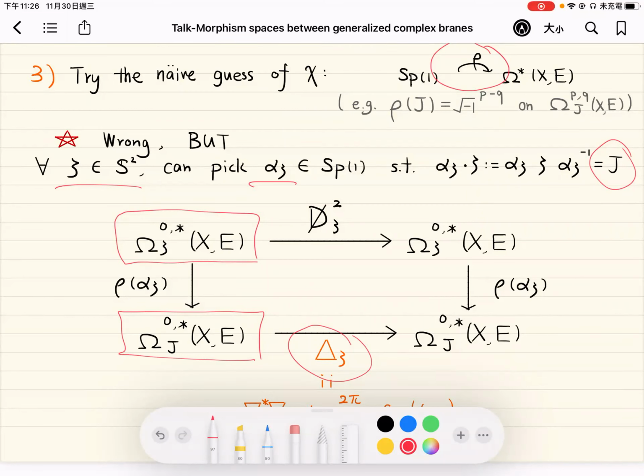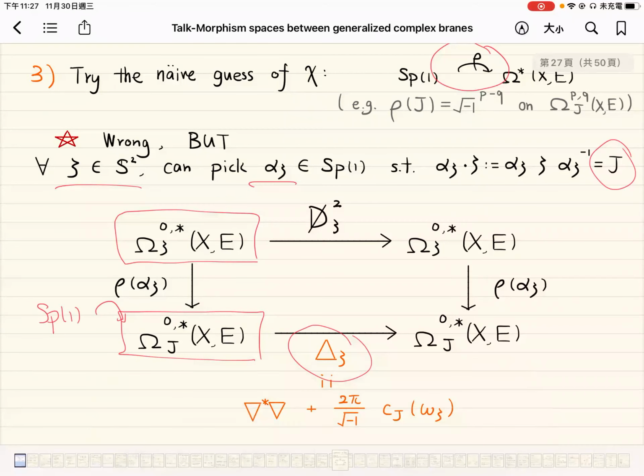So I want to find an SP1 action acting on the single space of zero star forms with respect to J, intertwining the delta theta. And after some computation, you can see that this delta theta consists of two parts.